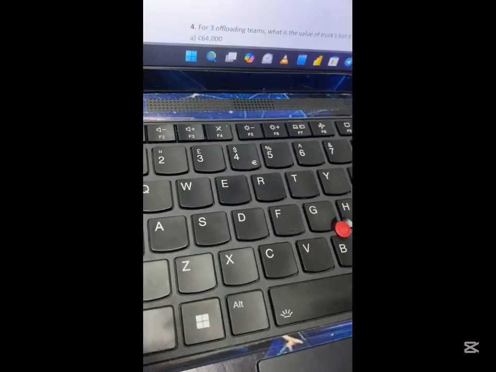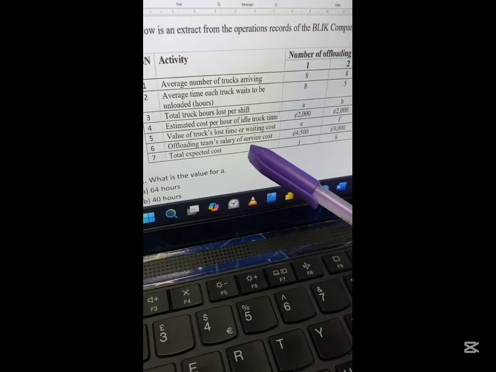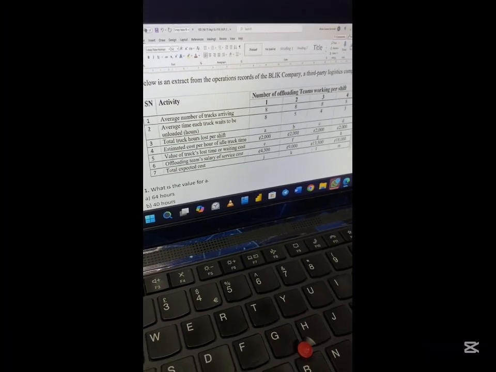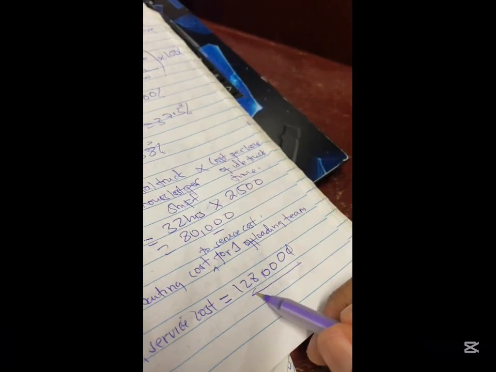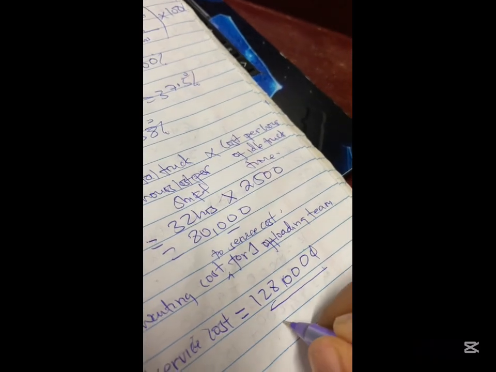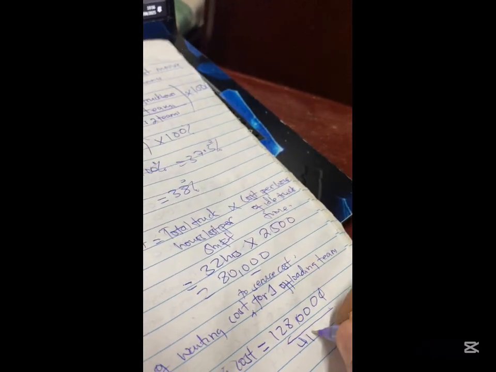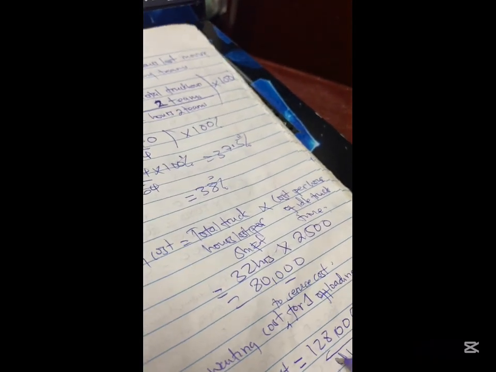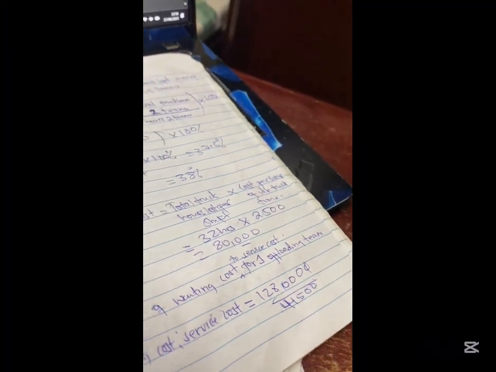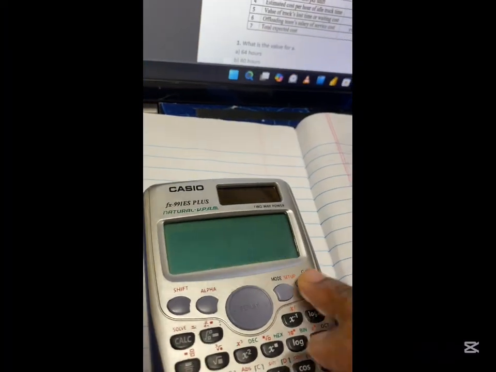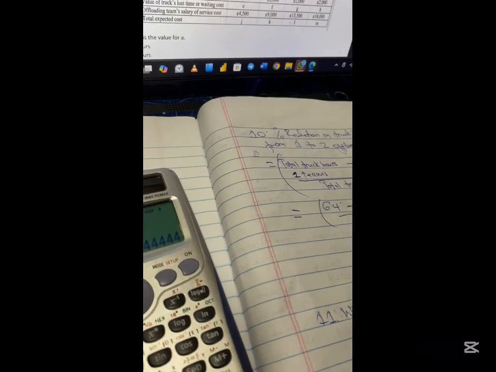The service cost from the table for team 1, offloading team salary or service cost, was 4,500. So it's 128,000 over 4,500.